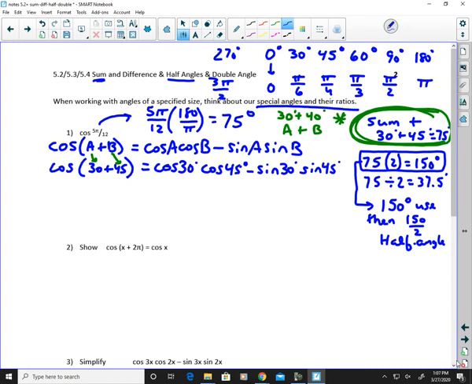Now that I know this, I can say that the cosine of 75 degrees will be, I need the actual ratio for a cosine 30. The actual ratio is root 3 over 2. It's not cosine root 3 over 2. It is root 3 over 2.